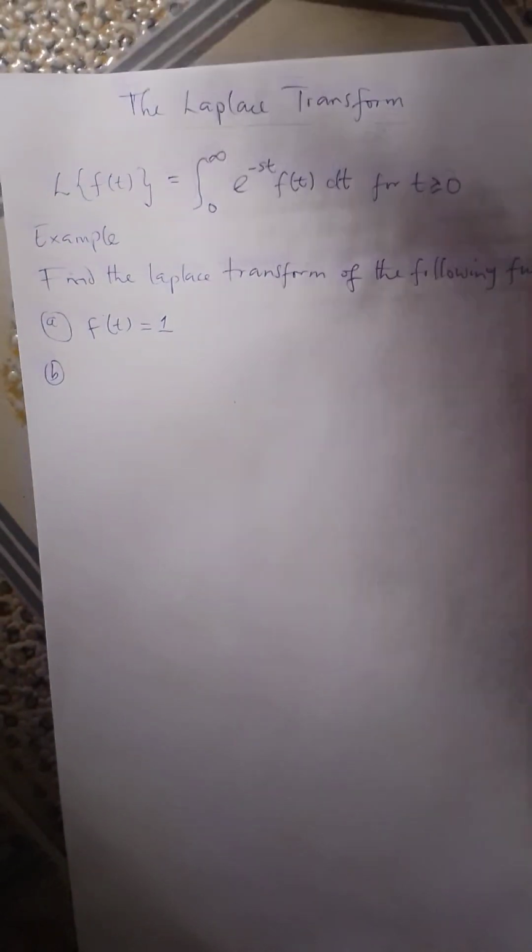Second, the function we want to deal with, f of t, will just be t. And then third, f of t will be t to the power of n. Okay, so let's begin.